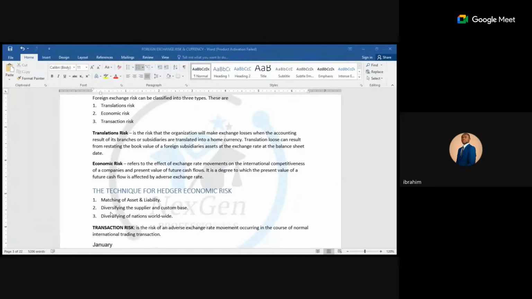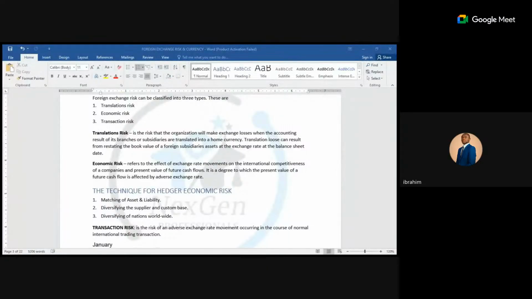They will make more money. So transaction risk is general; it affects companies that usually buy goods or raw materials on credit.